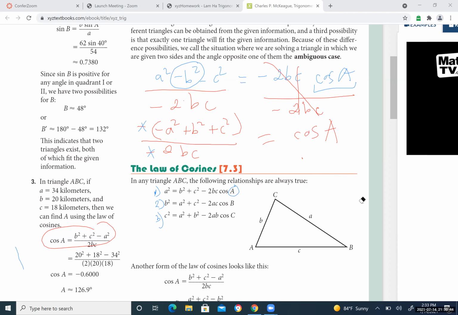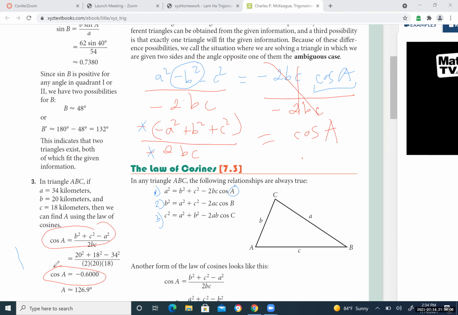When you plug in, you get a value: cosine A equal to minus 0.6. Then you use the calculator, press inverse cosine in degree mode, and you get the value 126.9 degrees.